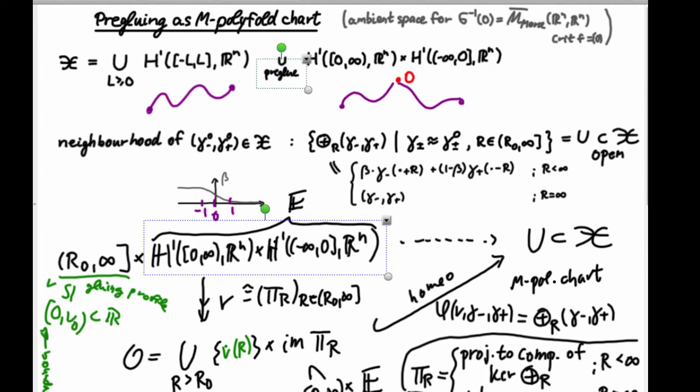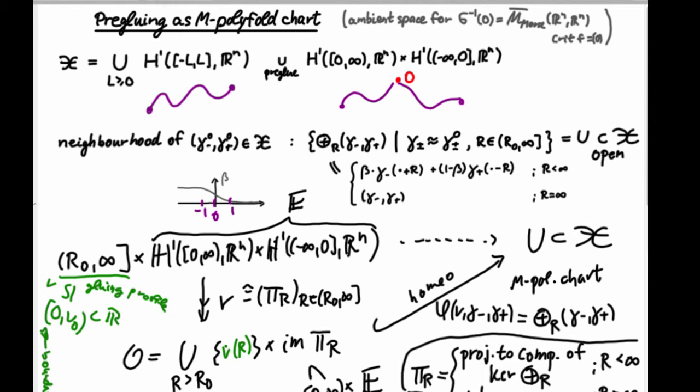And the topologizing here is guided by the topology that I know works, but there are different pregluing maps that I could write down that give me that topology. And there are actually pregluing maps that you can write down that will not work, that don't give you charts.